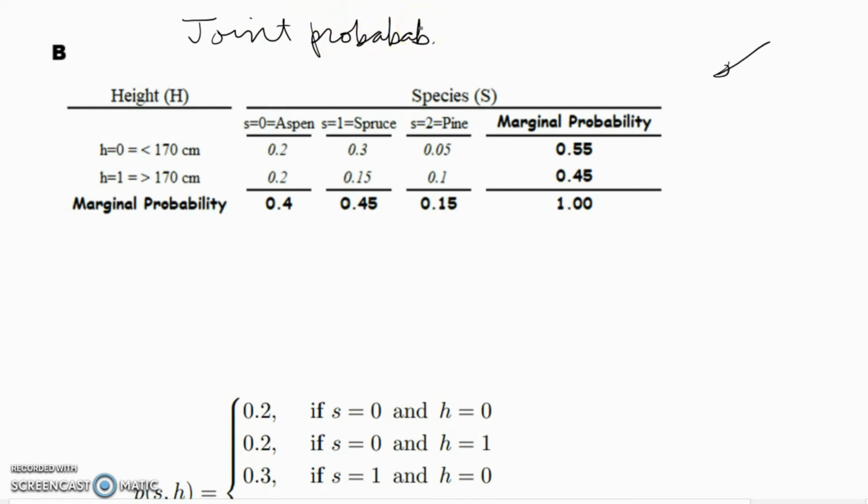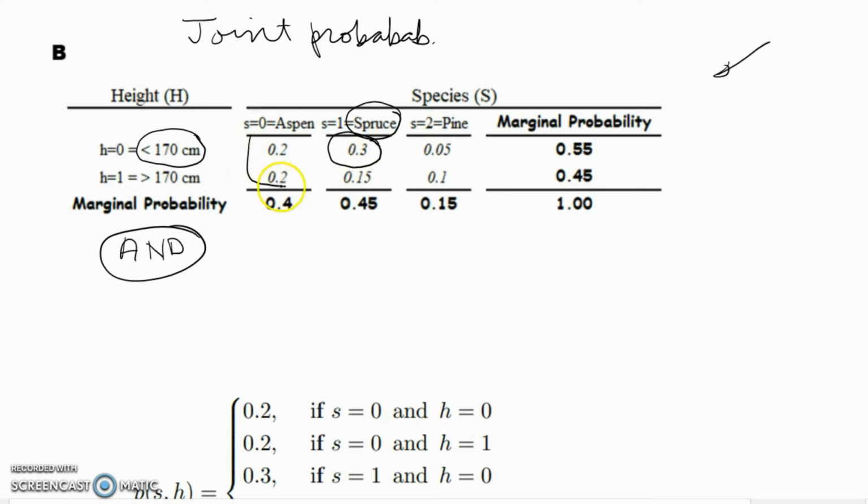Okay, so let's think about this number 0.3. What does this number 0.3 mean? Well, the way to think about this is to think about the word and. So if we were to select a single tree at random from this population of 1,000, the probability of getting a tree that was simultaneously a spruce and height class less than 170 centimeters would be 0.3.